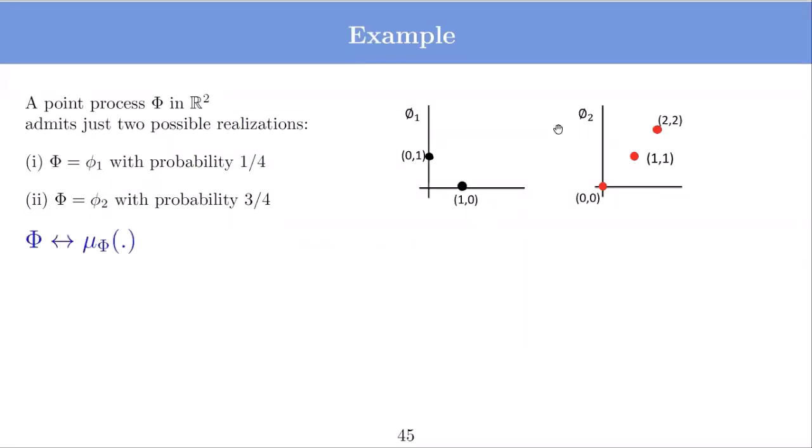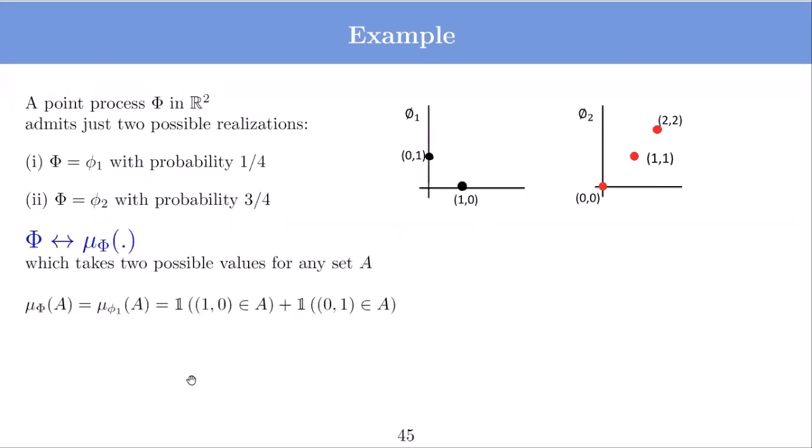So here this mu phi is an equivalent representation of phi. So what will this mu phi be? If you look at the definition, mu phi also takes two realizations, with probability 1 by 4 and 3 by 4. This takes phi1. So the equivalent representation of mu phi A, for this realization, would be the indicator that (1, 0) belongs to A, plus the indicator that (0, 1) belongs to A. Remember this is just the summation over xi belonging to A, and there are 2 points, so there are 2 terms in the summation.